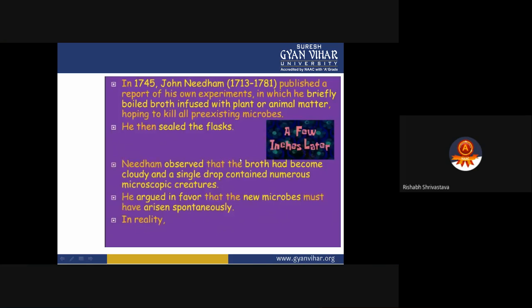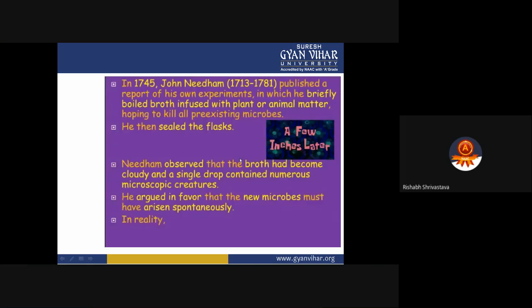And when he observed this under a microscope, he realized that there were a lot of microscopic creatures in that particular broth. So he argued in favor that new microbes must have arisen spontaneously.